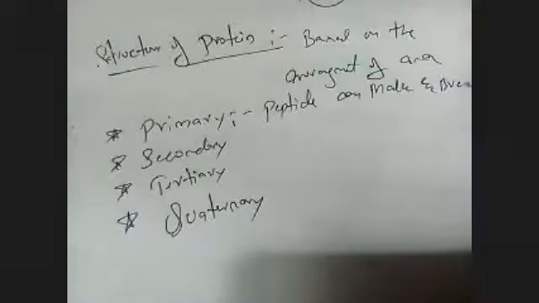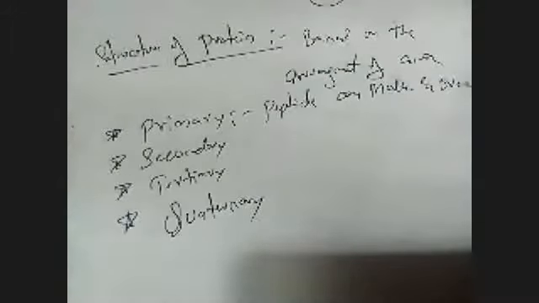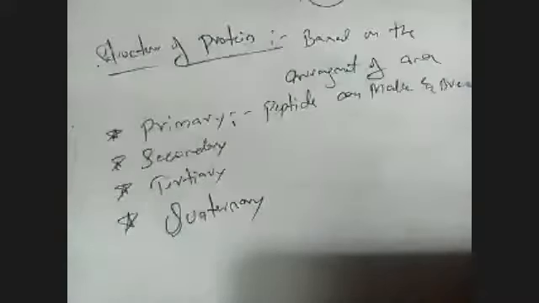Are you okay? So let us move on to the second classification, that is the secondary structure of your protein. In the secondary structure, you can break and make a bond, but that is not as simple as in the primary structure.